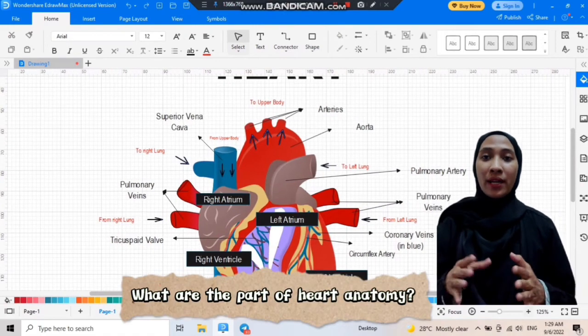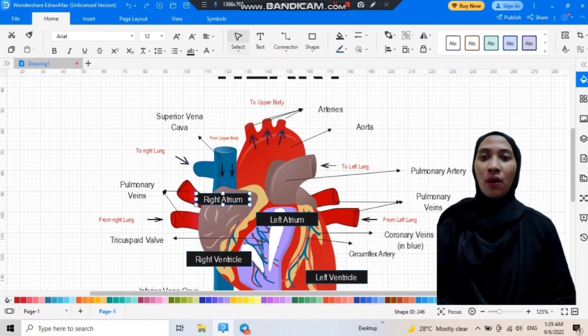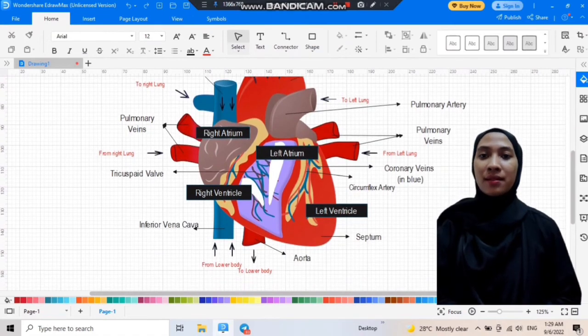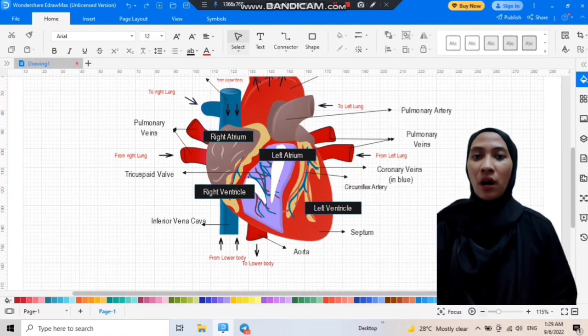So, what are the parts of the heart anatomy? The parts of our heart are like the parts of a house. Our heart has walls, chambers, valves, blood vessels, and an electrical conduction system. So, we go to the heart parts. Heart walls are the muscles that contract, squeeze, and relax to send blood throughout our body.